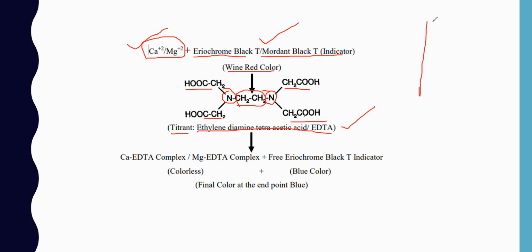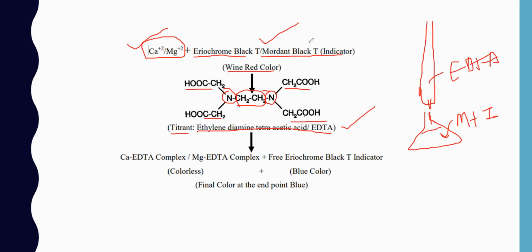So our EDTA is in the burette, and your conical flask has the unknown metal ion solution and indicator. So here is the metal and indicator, and here is your EDTA.